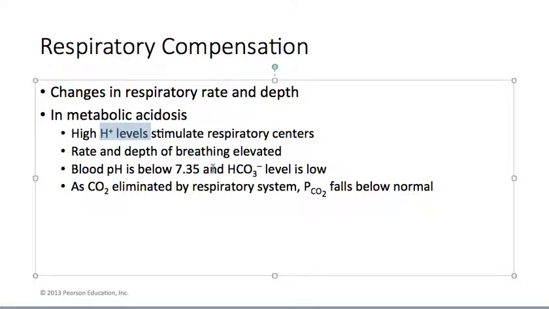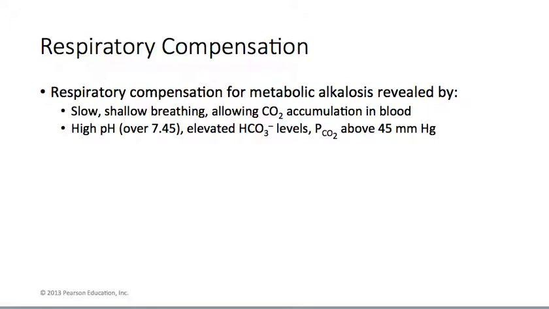Blood pH is below 7.35 and bicarbonate is low. When you start to eliminate CO2 by the respiratory system, remember CO2 is an acid. So the more CO2 you lose, the higher the pH will go. So the body will attempt to exhale as much CO2 to restore the pH of the body.